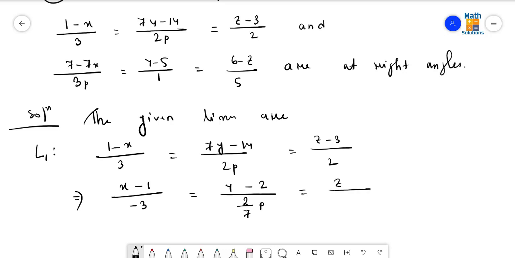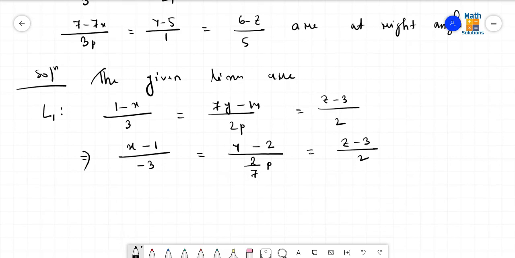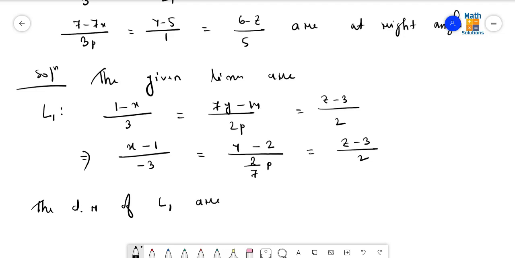Then here it is z minus 3 by 2, it is already in the standard form. The direction ratios of L1 are what? A1 is equal to minus 3, then B1 is equal to 2 by 7p, then C1 is equal to 2.